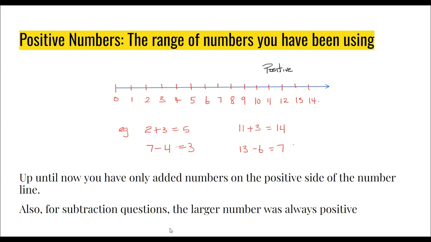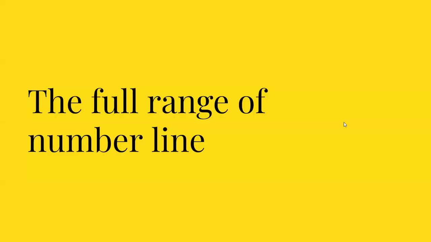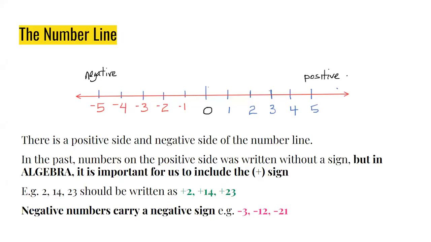So now we want to look at both sides of the number line, the full range of the number line, so to speak. The number line has both a positive and a negative side, as you can see on the screen here right now. Zero is the mid-mark, and to the right of 0, we have our positive numbers, and that goes all the way up until infinity.